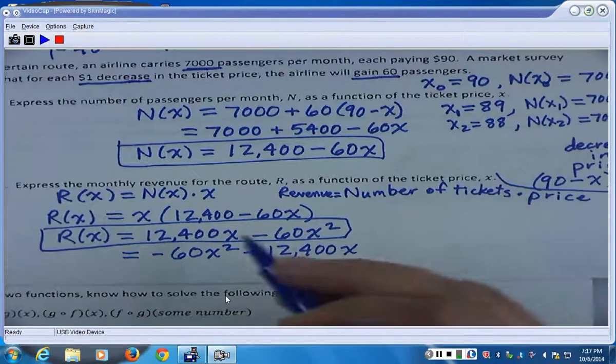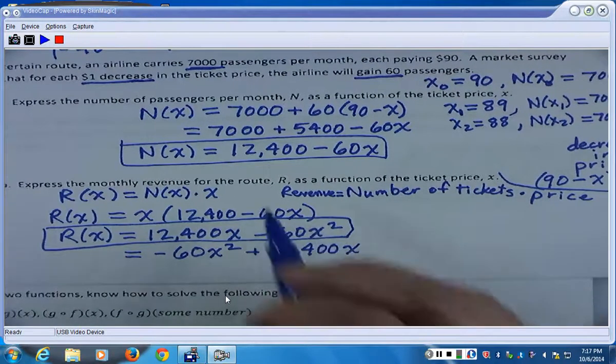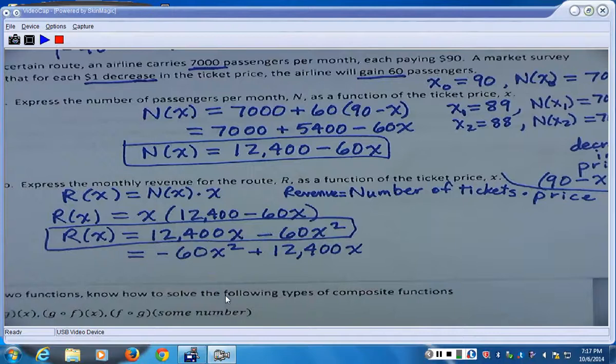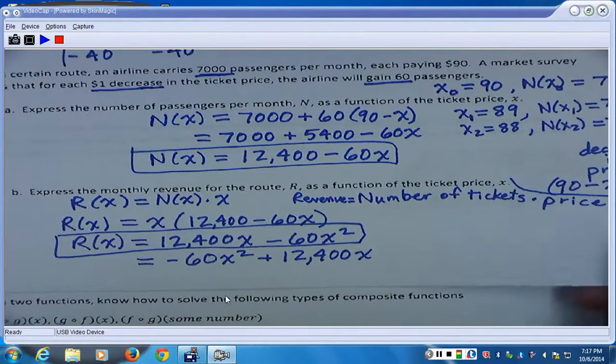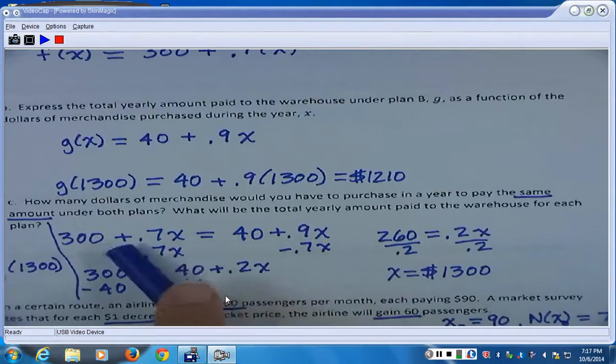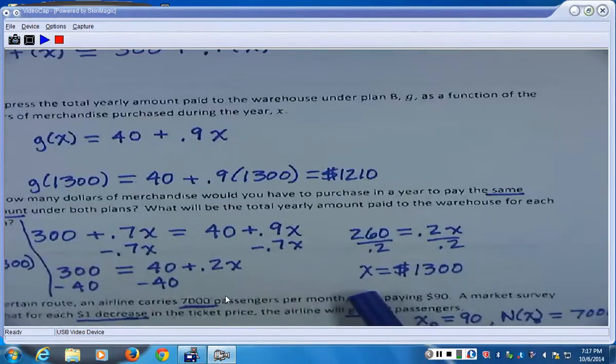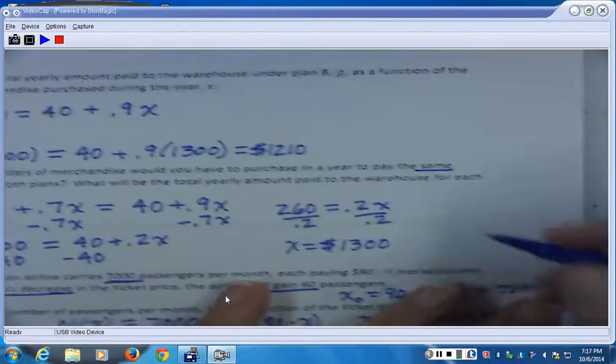So the revenue is a parabola, the number of tickets, that's a linear function. What about graphically? I never talked about this. Graphically, we were setting these equal to each other and finding what x was equal to.